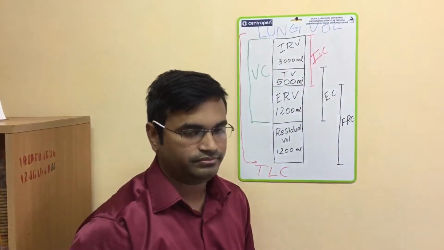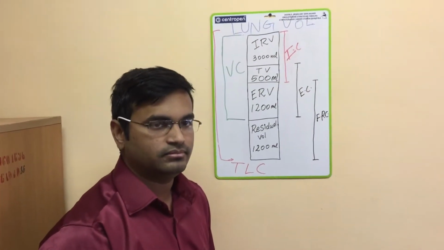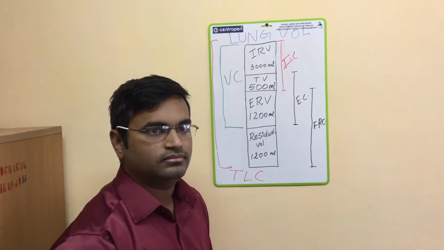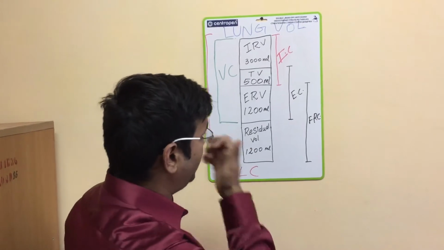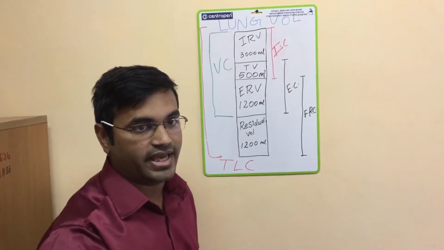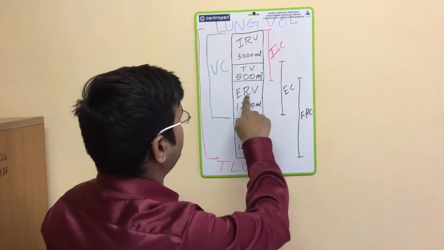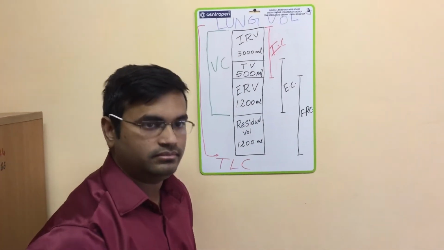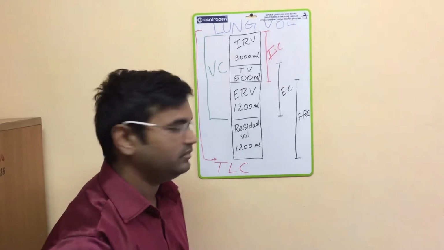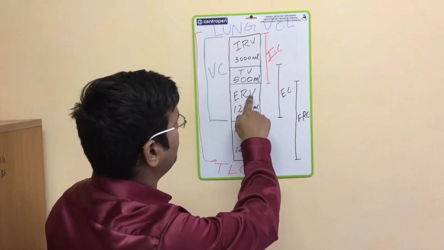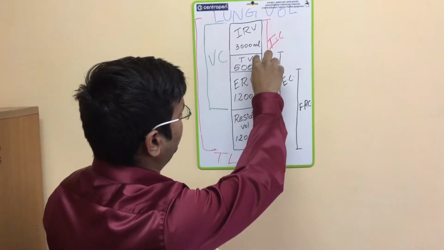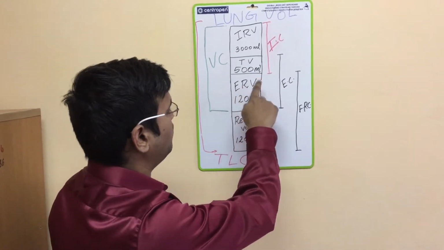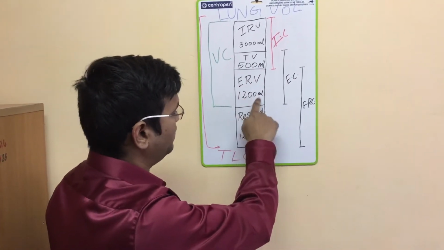Now see students, I am expiring more air, which is expiratory reserve volume. This is expiring more than the normal tidal volume, and it is normally 1200 ml.